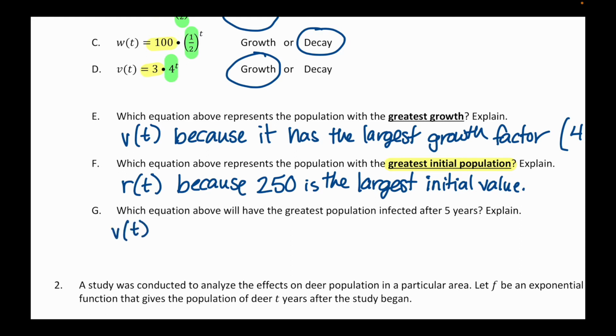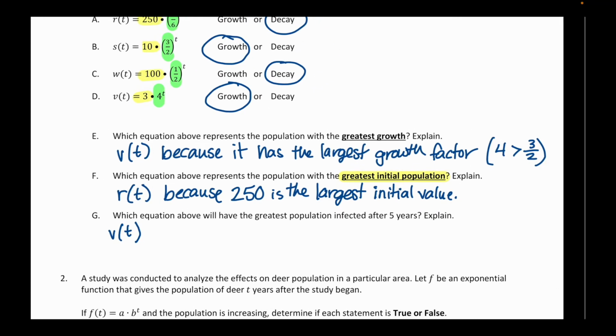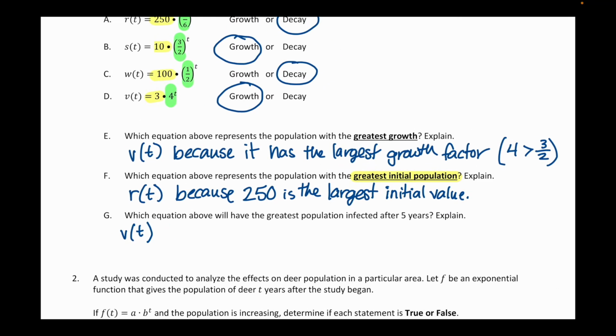And you can find these by plugging things in. But if we're asked to not use a calculator, which they asked us to not use a calculator, I'm going to say V of t because it has the highest growth factor.